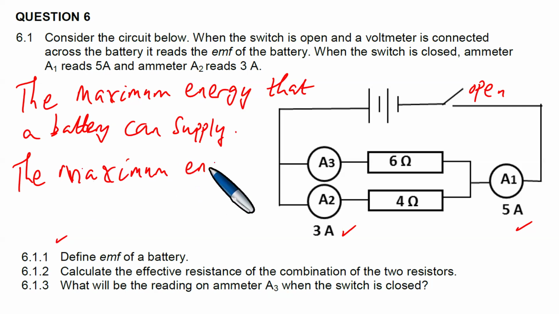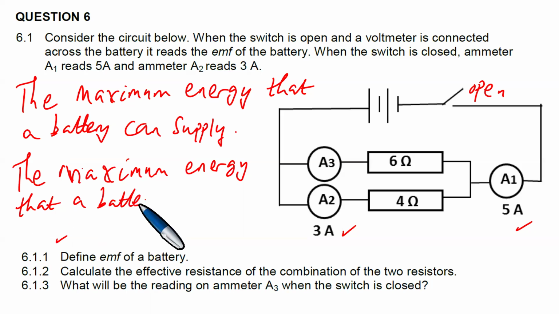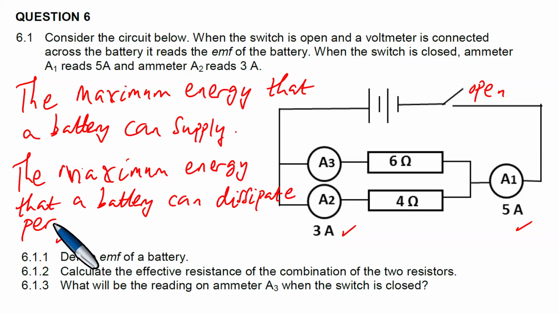It is the maximum energy that a battery can dissipate per coulomb of charge.